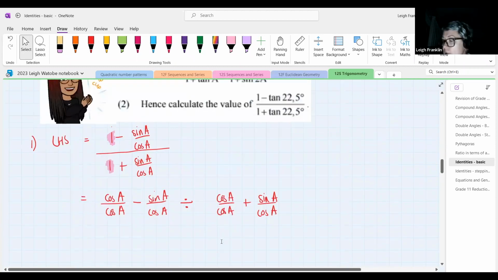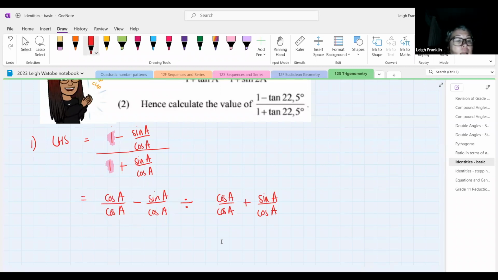Okay, so I've rewritten 1 as cos A over cos A. And now when I subtract fractions, I need the same denominator. So I'm going to keep the denominator, which was cos A, and I'm going to subtract the numerators.